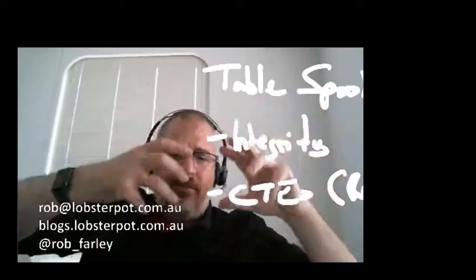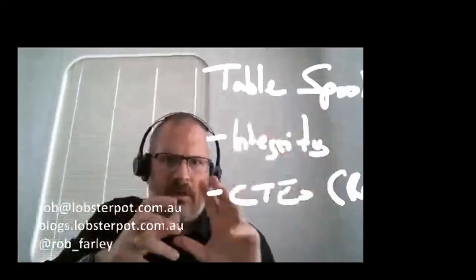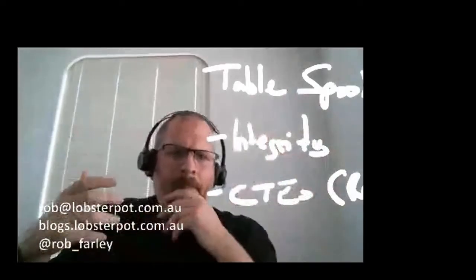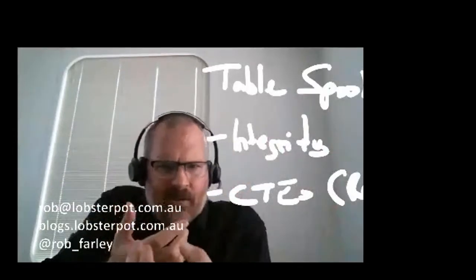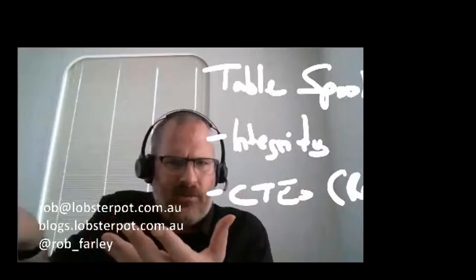Integrity: if you're doing an update on a table and you've got to find the rows that you want to update and then change them, quite often it wants to be able to store a copy of what it's doing before it makes the change.